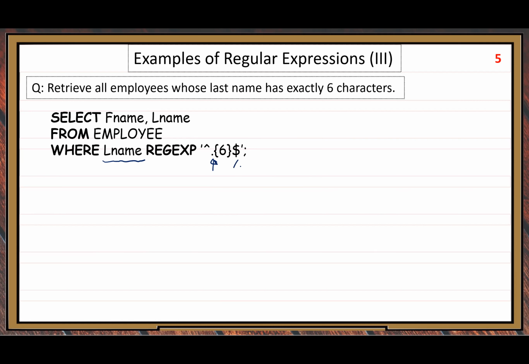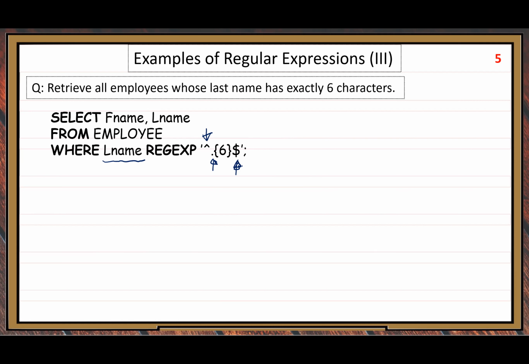After that, the $ sign, the end of the string. You see the beginning of the string and the end of the string, and in between, a single-character pattern repeated 6 times.